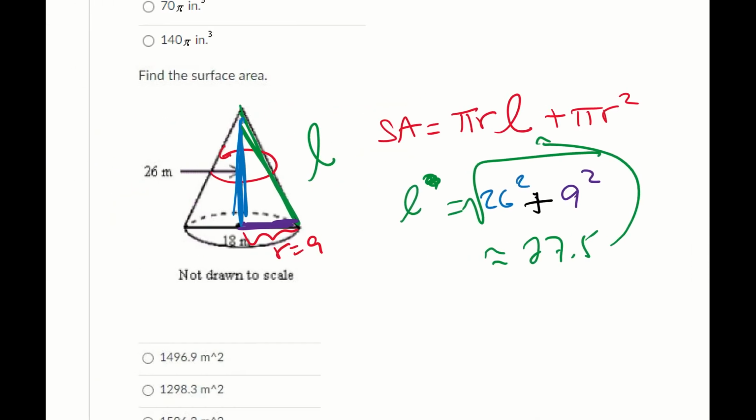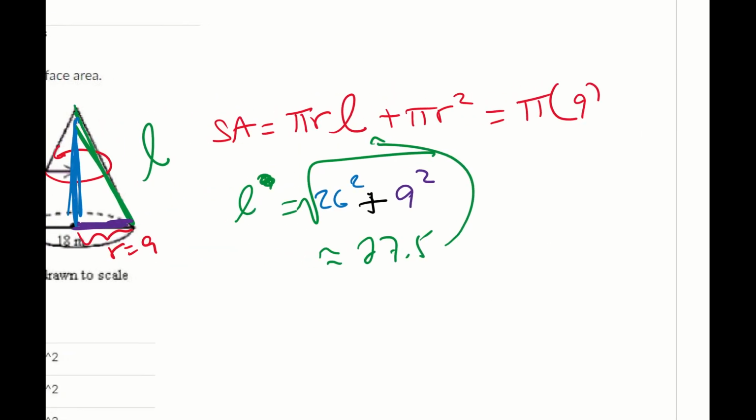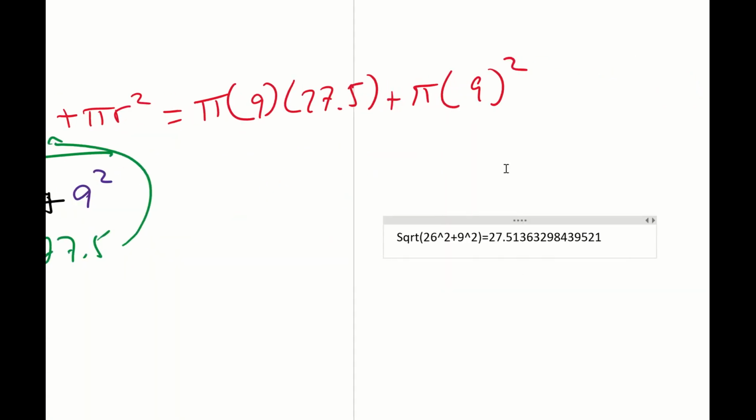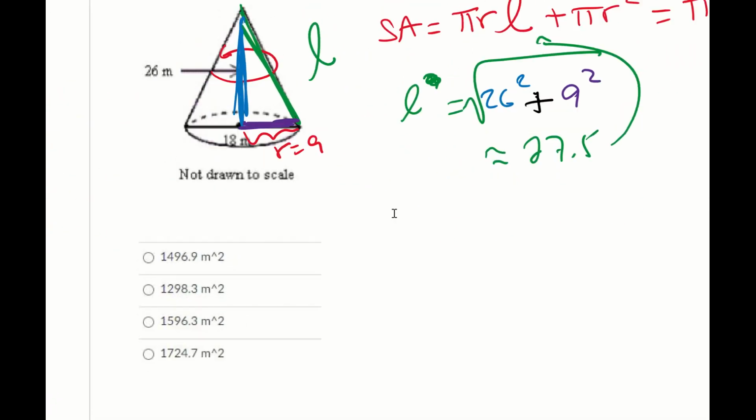Now the answer is in terms of decimals. We're plugging everything in. So we get pi times the radius, which is 9, the slant height, and 9 squared. Plug all of that in at once, and we get a little over 1,000, 1,032-ish.